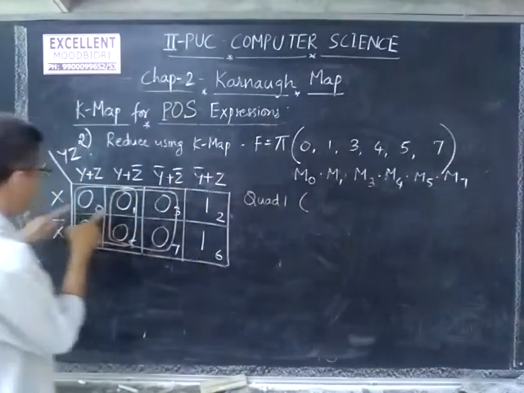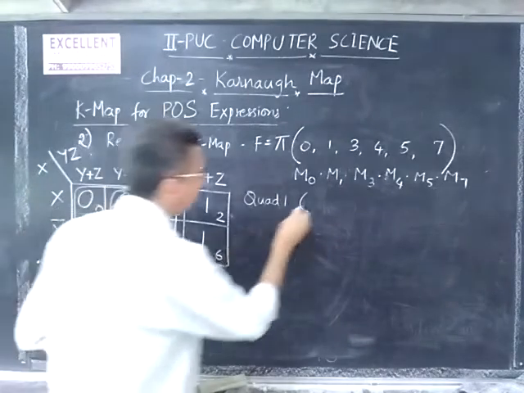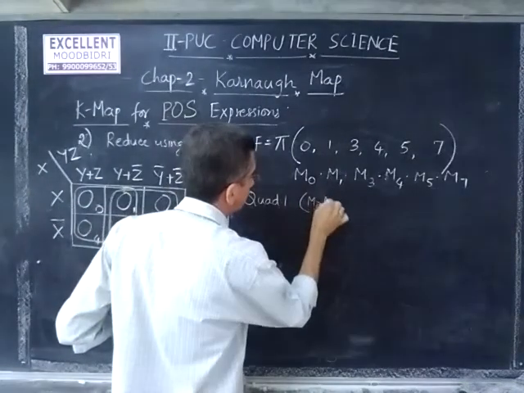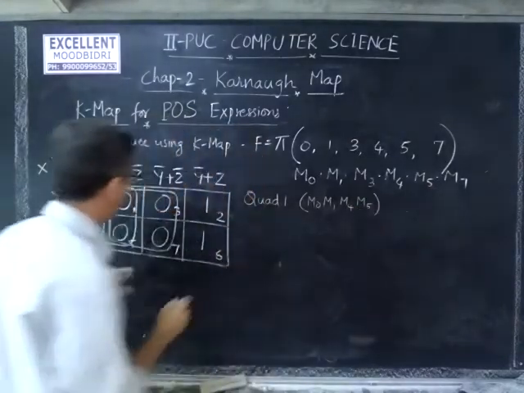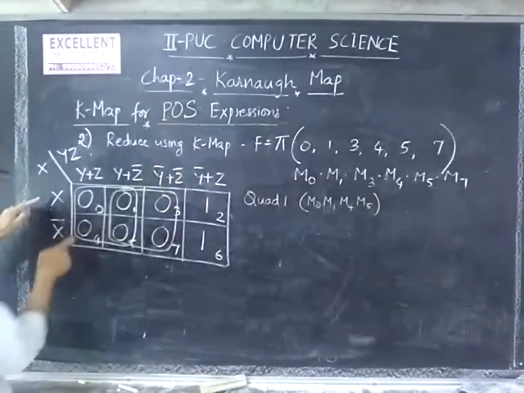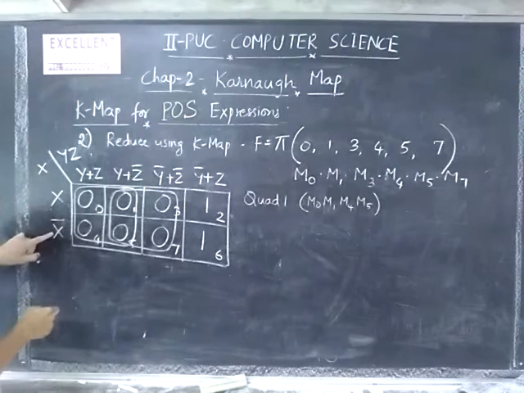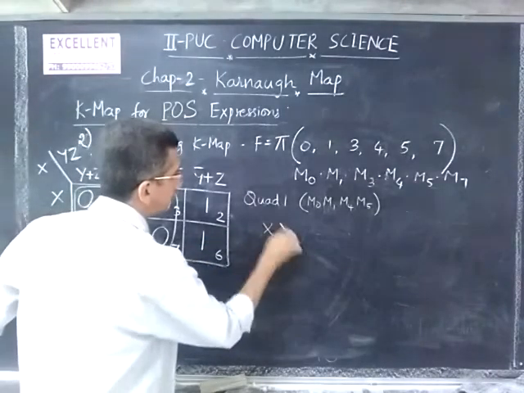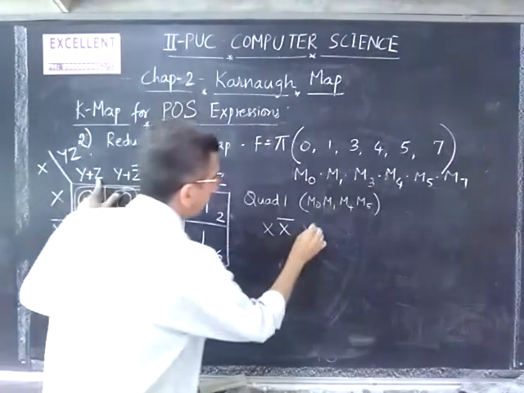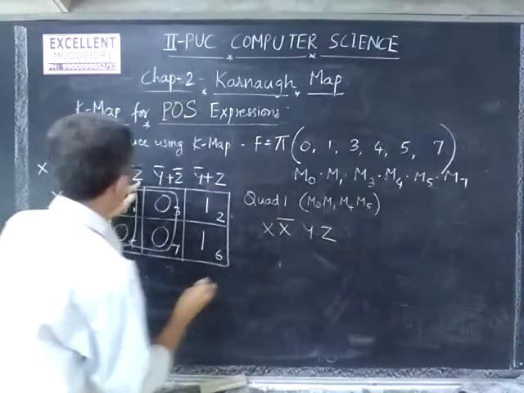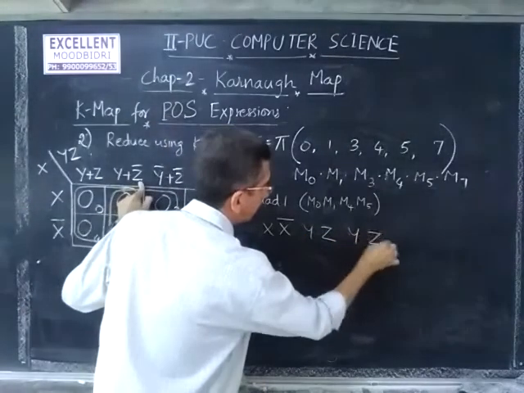Now you write quad 1, which is the first one: 0, 1, 4 and 5. M0, M1, M4 and M5. So if you write the terms for this square, x, x bar, x, x bar and these two, y, z, y, z, y, z bar, y, z bar.